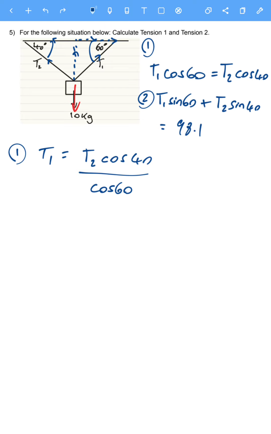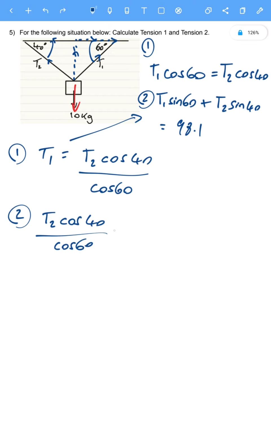And then what I'm going to do is to substitute that rearranged equation 1 into equation 2, so into T1. So instead of T1, I'm going to write T2 cos 40 divided by cos 60 times sine 60, plus T2 sine 40 equals 98.1.